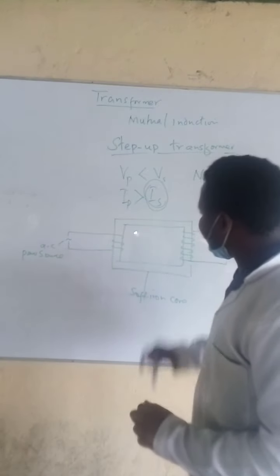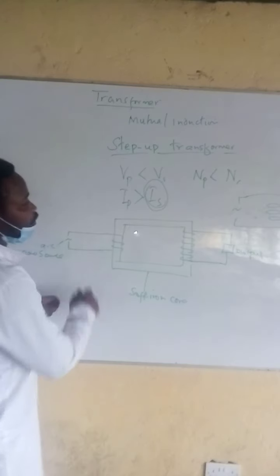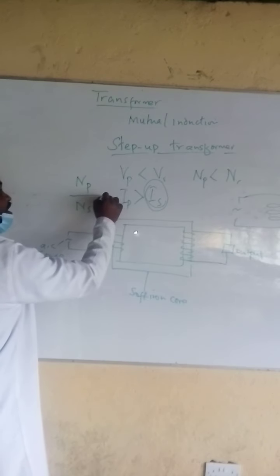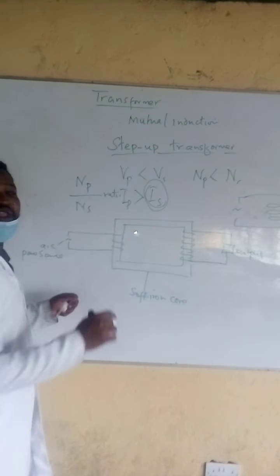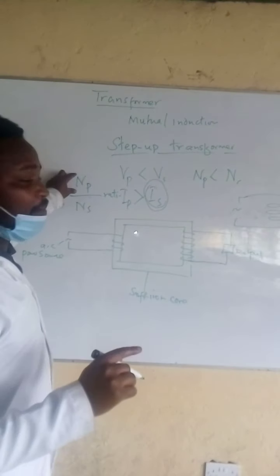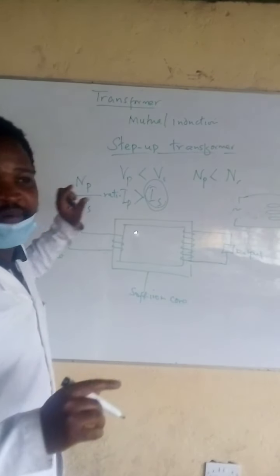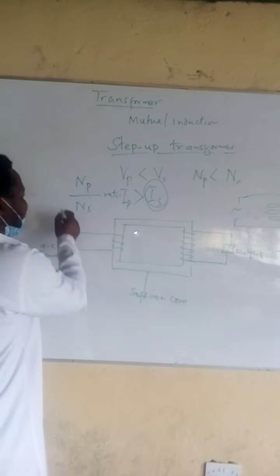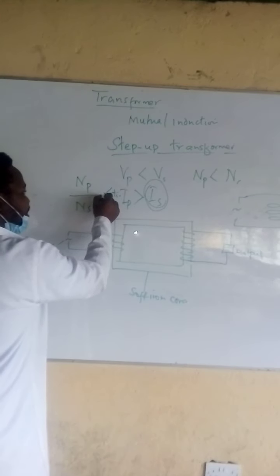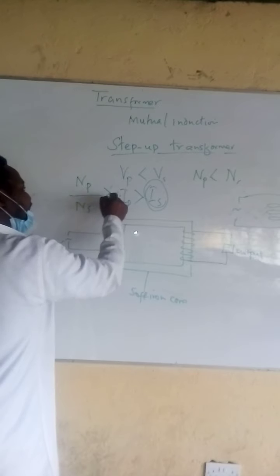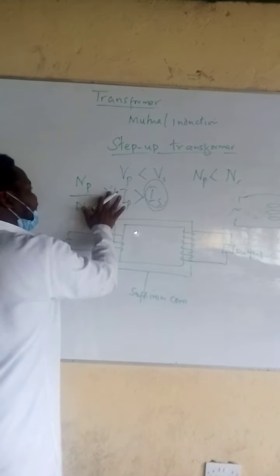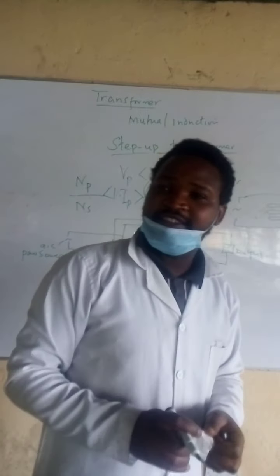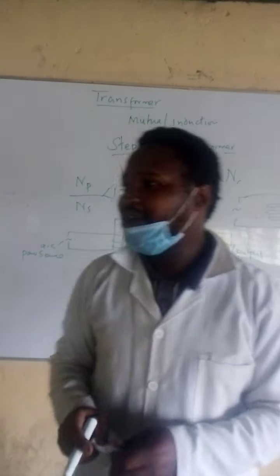So in a step-up transformer, the NP/NS ratio, we call it the turn ratio, the number of turns in the primary coil over the number of turns in the secondary coil, is usually less than 1. Is that okay? I hope we are together.